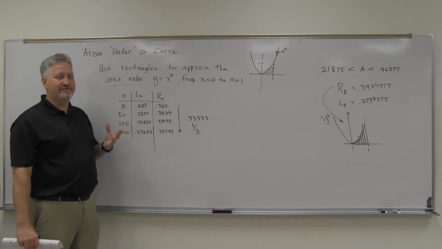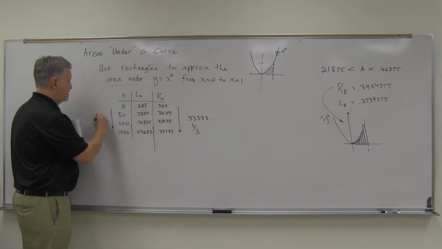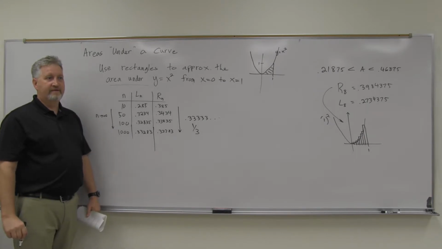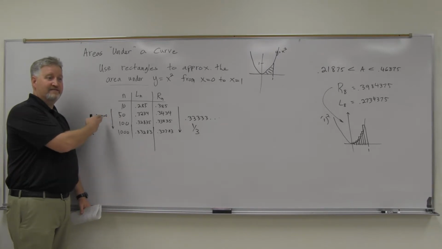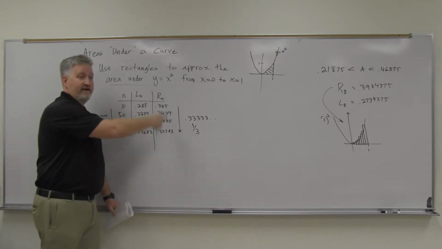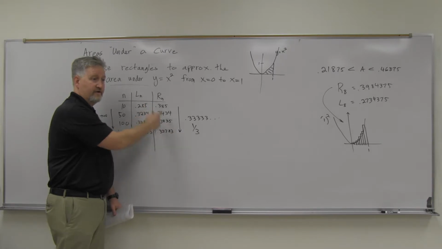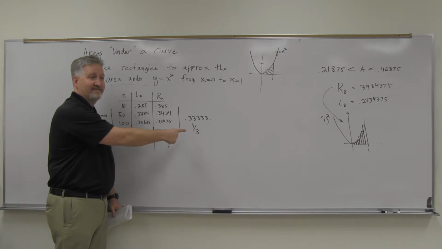So I'm running n to infinity, basically. Which means infinitely many rectangles, or subintervals. So if I can do infinitely many subintervals, infinitely many rectangles, it looks like the area here, this stands for the area under the curve, these R sub n's and L sub n's. It looks like the area is going to 1/3, doesn't it?